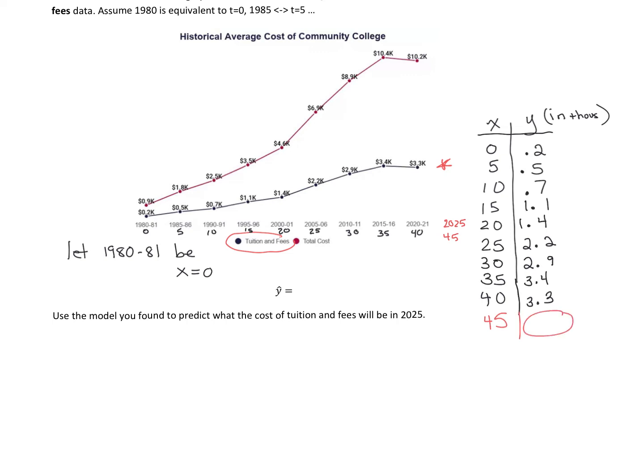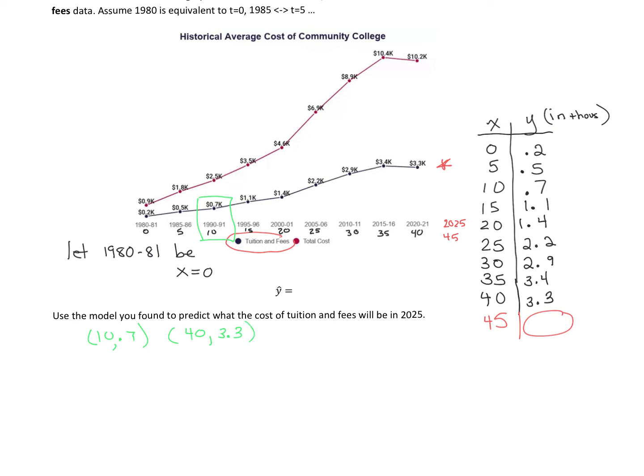So how do we do this? Well, we can just use 2 ordered pairs and probably find a fairly good model. Let's do that first. I'm going to go ahead and use this ordered pair, 10.7, and the last ordered pair, 40, 3.3.